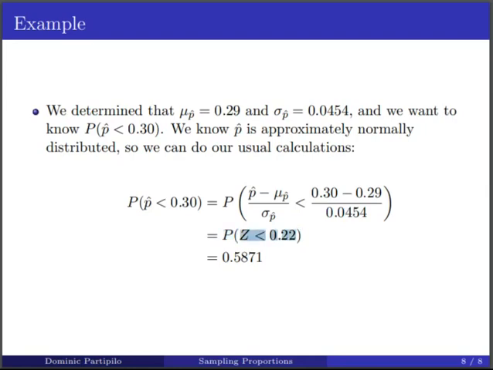And this is in terms of z now. Now we could just look this up on the table. And when we look it up on the table, we'll get 0.5871. So the probability that the sample proportion is going to be less than 0.3 is going to be 0.5871. So a lot of similarities between the sample proportion calculations and the sample mean calculations.